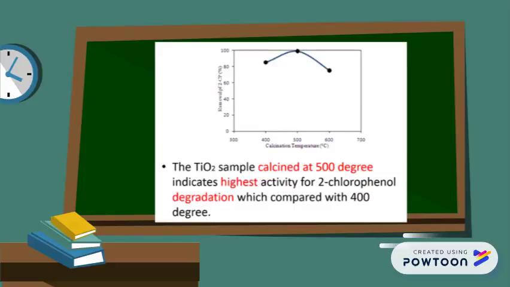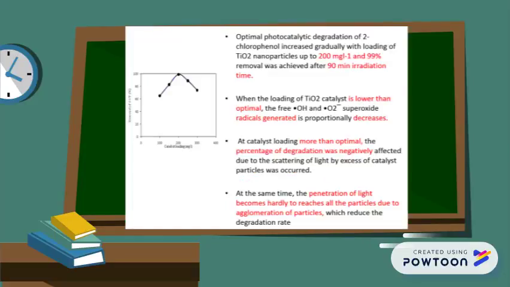Calcination temperature of the titanium dioxide sample was assigned as an important parameter affecting the performance of titanium dioxide for chlorophenol degradation. The optimal loading to achieve the best degradation is 200 mg per liter, and this concentration was tested with different initial concentrations of phenol.